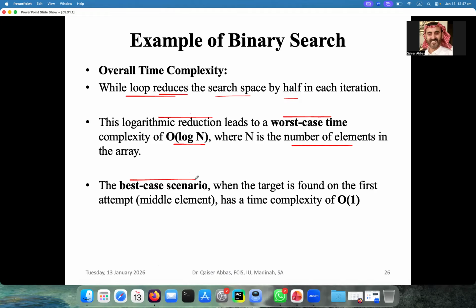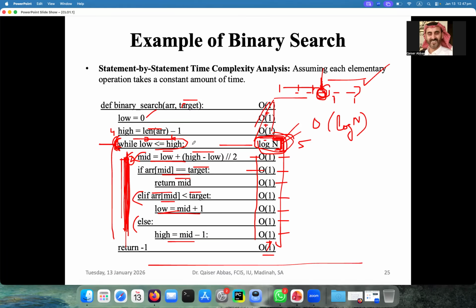What would be the best case scenario? Okay, worst case is big O, but what would be the omega? The best case is that when this iteration comes for the first time, 0 less than 4, you will find the mid, and this condition will become true, you will return mid and exit.